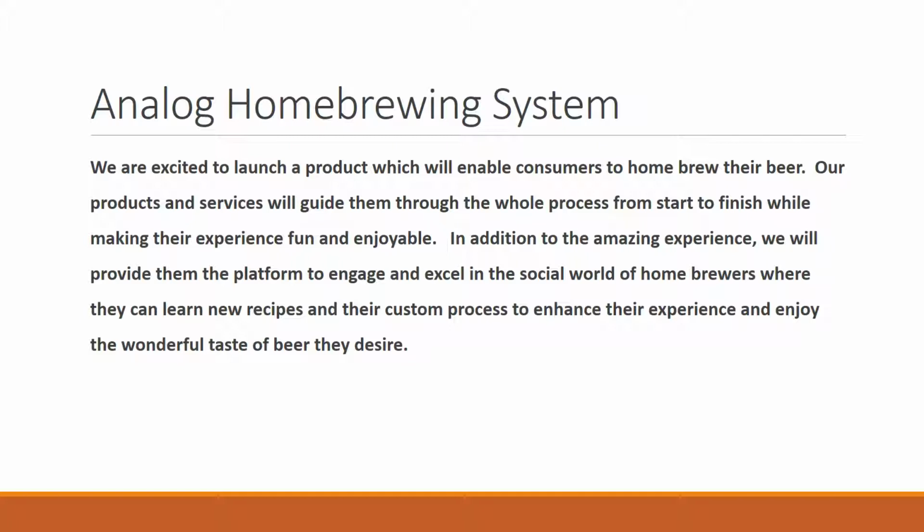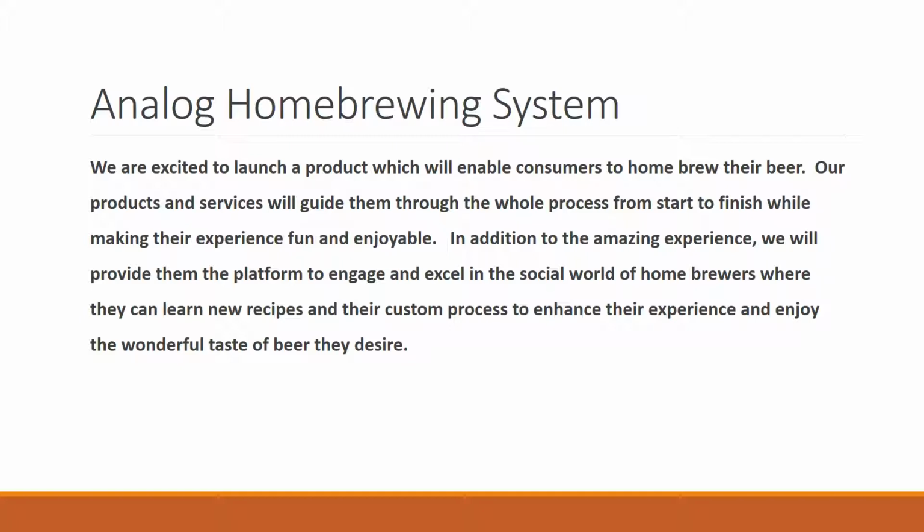Apart from the physical aspect of the system, there is a website that helps you download different recipes, upload the customized recipes, go through the forums, troubleshoot your issues, and other valuable resources.